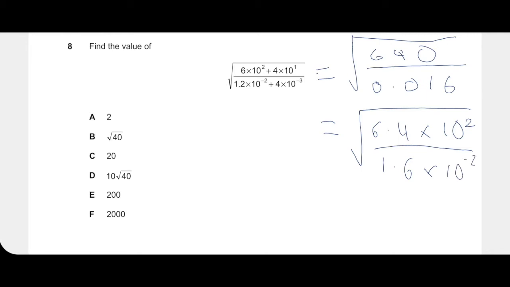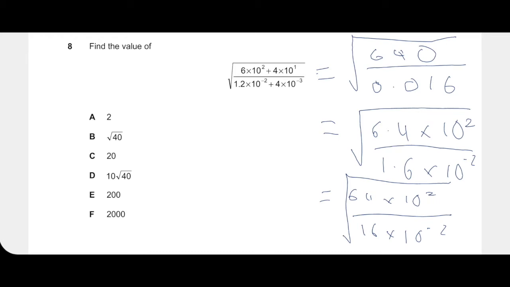If I multiply the top and the bottom by 10 inside the fraction, the overall fraction will remain the same. So that will be 64 times 10 to the power of 2 over 16 times 10 to the minus 2, all square rooted. Now I'm going to bring all of the times 10 to the numerator.